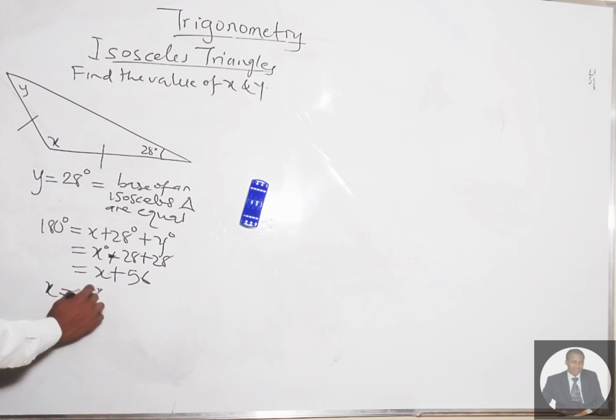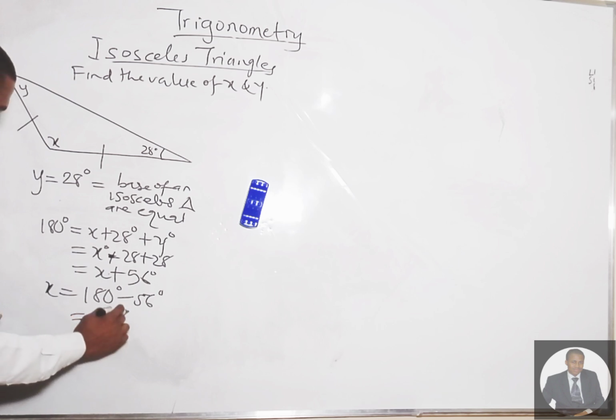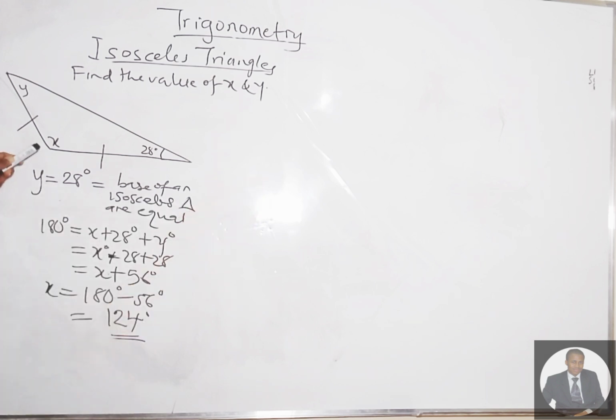So x will be 180 degrees minus 56 degrees, and this will give us 124 degrees. So y is the same as 28 because it's the base of an isosceles triangle. Since the sum total gives us 180, and we know this is 28, this is 28, it is very easy to look for x. x will just be 180 minus the sum of this and this.